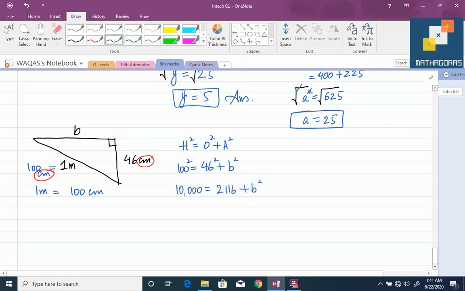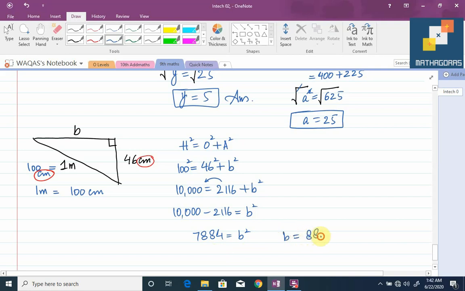2116 on the right side, when you shift it to the left side, it will be negative. Right? So 10,000 minus 2116 will be 7884 is equal to B square. Applying root on both sides, so root of 7884 is 88.8.